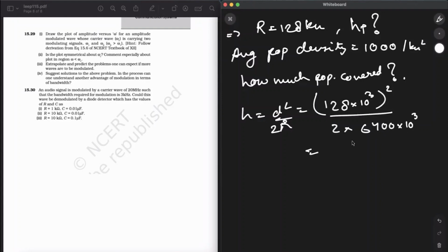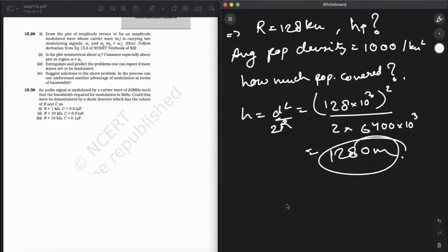It comes to 1280 meters, which is the height of the antenna.